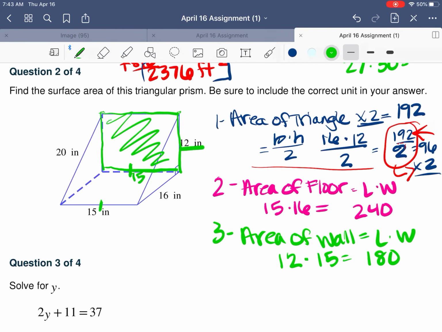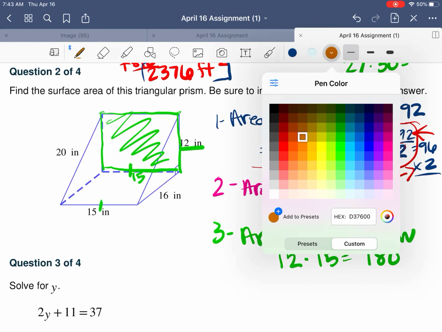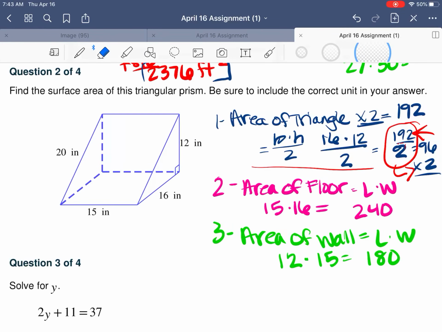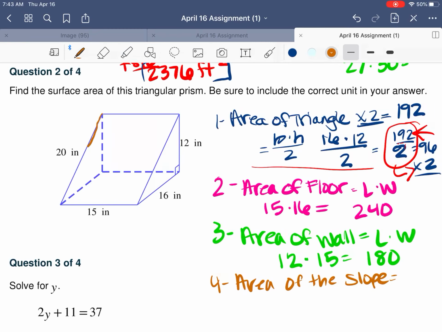And then finally, the fourth one is to find the area of the slope, which the slope is this piece that's sloping on the prism.